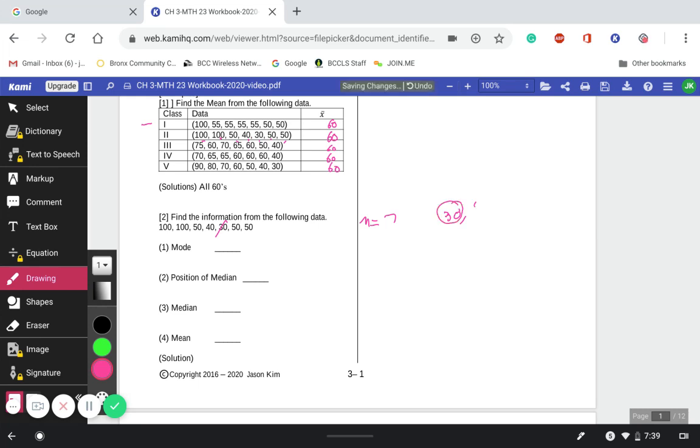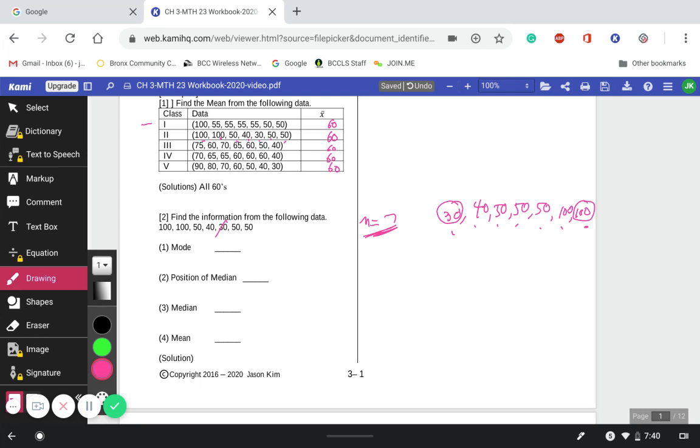And then 40, 50, 50, 50, 100, and 100. And the last number, you circle it. And then you count it 1, 2, 3, 4, 5, 6, 7, and double check with n size. So I have 7 and n was 7, so I didn't miss any data entries when I rearranged in ascending order.